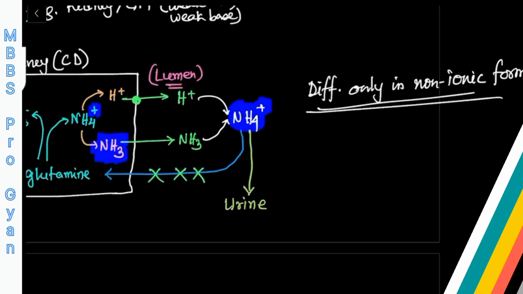That's why this kind of diffusion is known as non-ionic diffusion. So basically the ammonium ion is trapped inside the urine. Whenever it is non-ionic, in the form of ammonia, there is diffusion. Ionic form, in the form of ammonium ion, no diffusion. That is known as non-ionic diffusion.